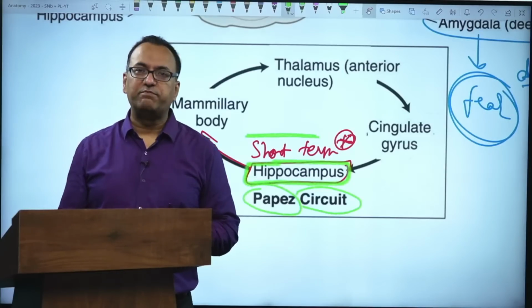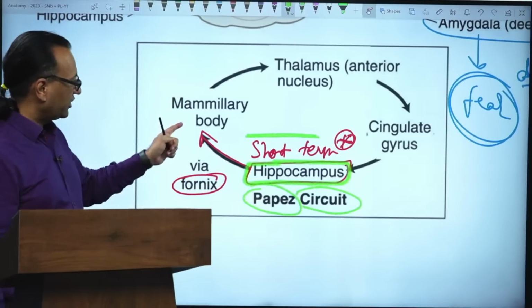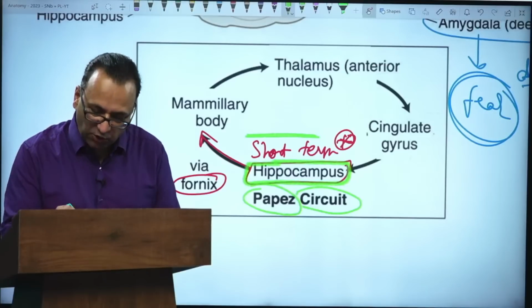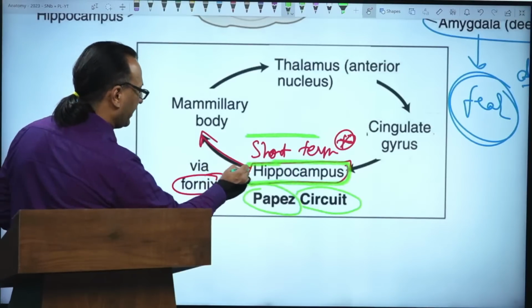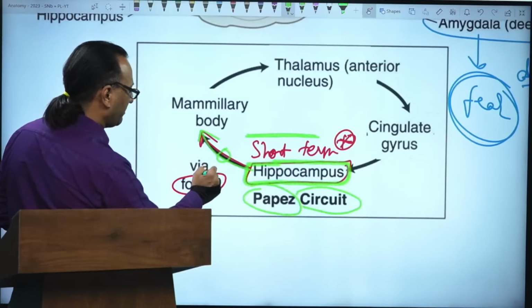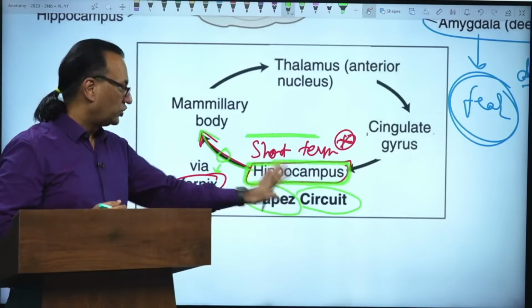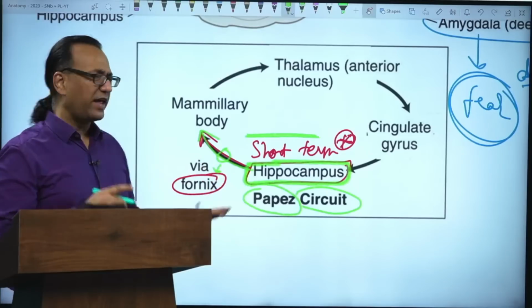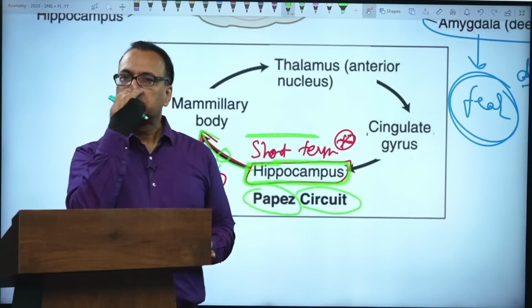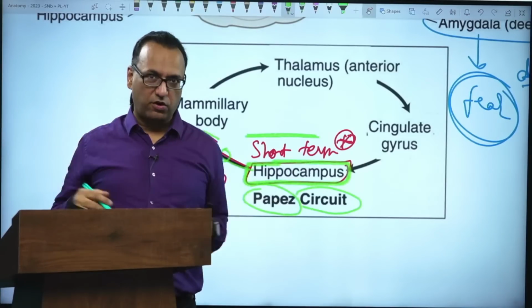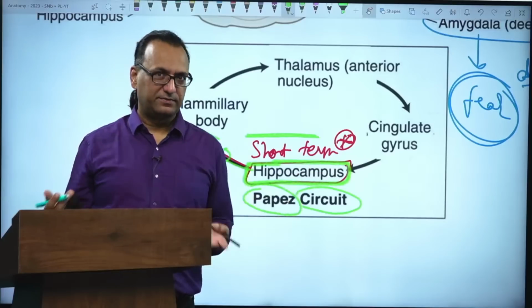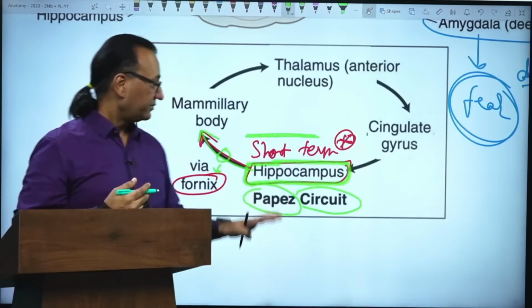How do you remember that? Because of consolidation of memory. When you convert short-term memory into long-term memory, that is done by fornix. Fornix is to convert short-term memory into long-term memory, and it is very much related with smell, perfume of your girlfriend or boyfriend, vice versa.